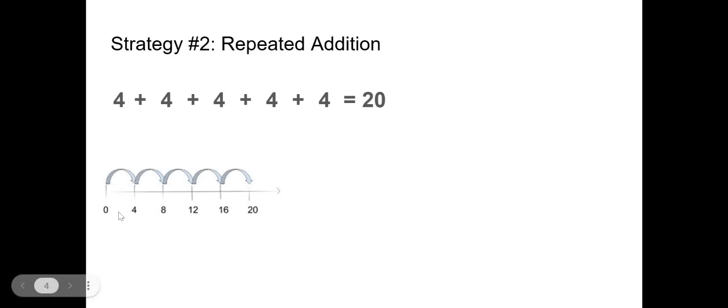However many humps you end up with as you skip count by 4s, that is 5. So you can add 5 plus 5 plus 5. So that's another way of doing repeated addition. So that's showing 4 times 5 equals 20.